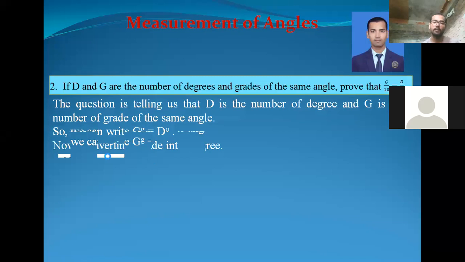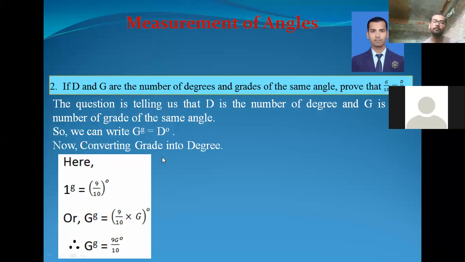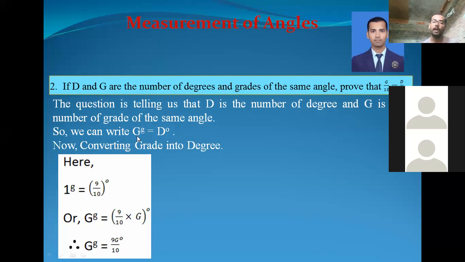Now, converting grade into degree: we have the equation that 1 grade is equal to 9/10 degree. We are given G grade, so we convert G grade into degree.